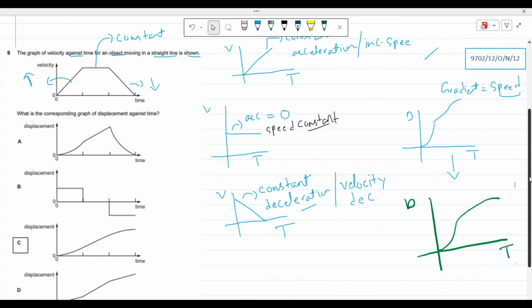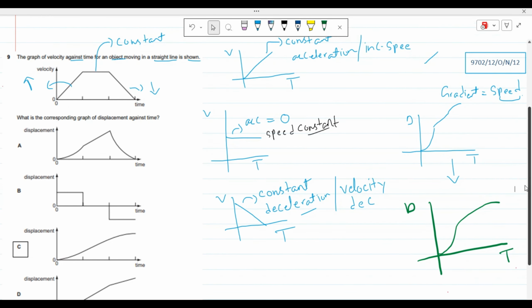Remember, whenever there is slant line in velocity time graph, there is always the curve, positive curve for velocity in displacement time graph. Whenever there is straight horizontal line, we make this type of slant line in displacement time graph. Whenever there is decreasing or constant deceleration, we always make this type of curve in displacement time graph. So the better version or the final version of displacement time graph is like this. So our final answer will be C.